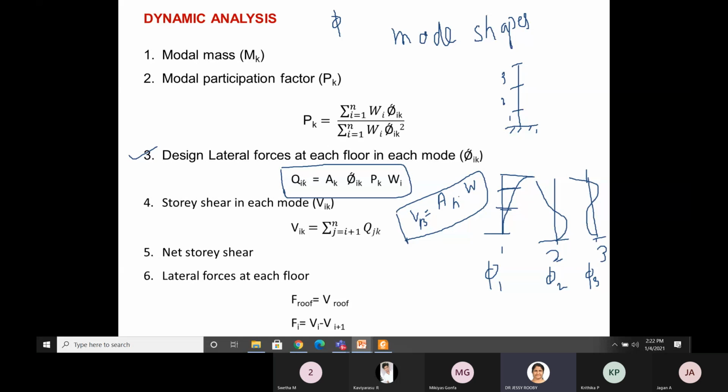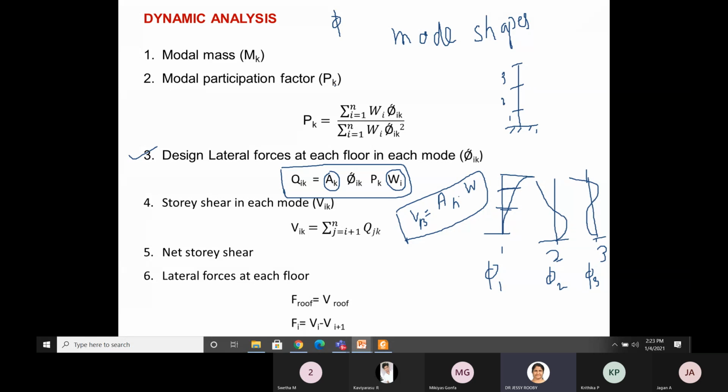Here, if you see, the lateral force is equal to, this is common. Instead of Ah, it is taken up. W is there, that's also there in the previous equation. So which are the two additional terms that have come here? Phi ik and Pk. Phi is the mode shape values and P is nothing but the modal participation factor.